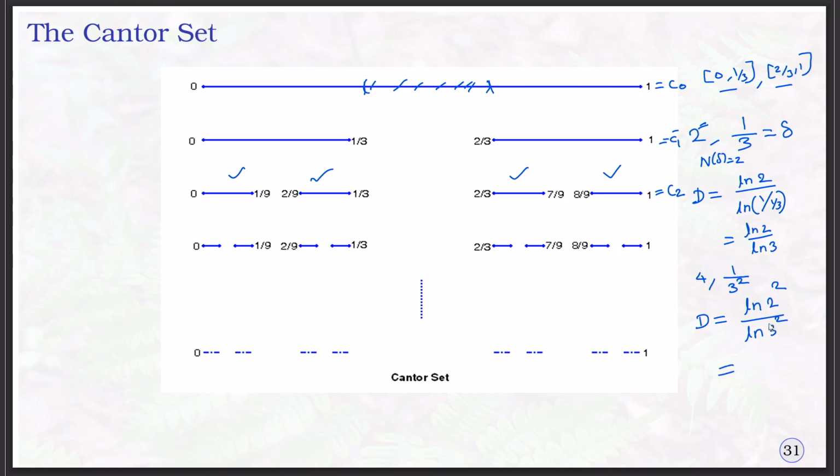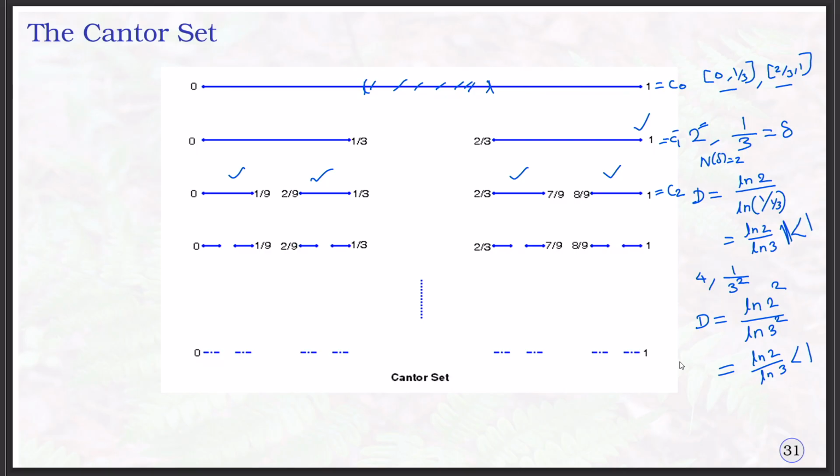By the property of ln, the powers come to the front and cancel, so we get ln 2 by ln 3. In the first and second iterations, both d values are ln 2 by ln 3. One can observe this is less than 1.